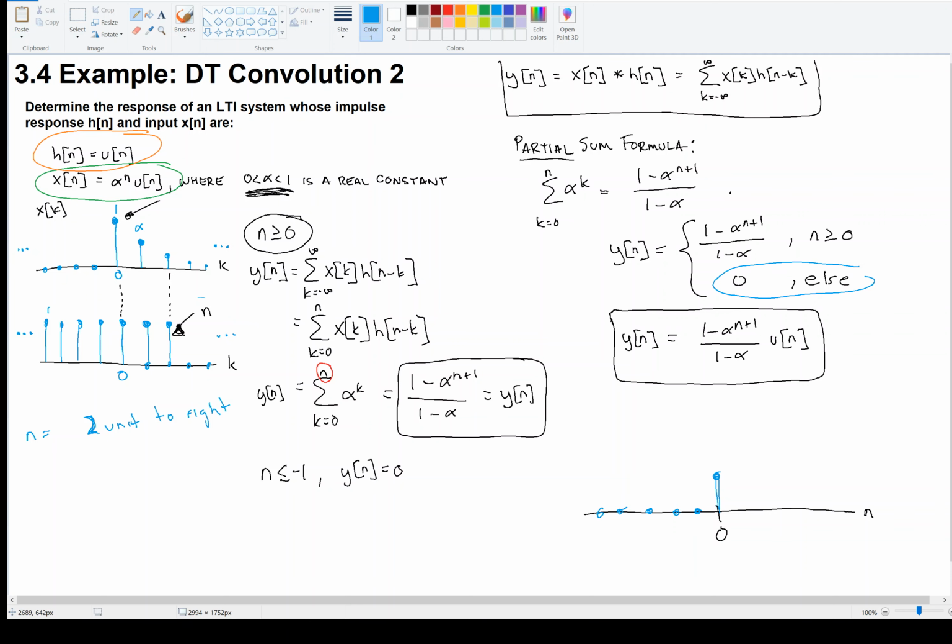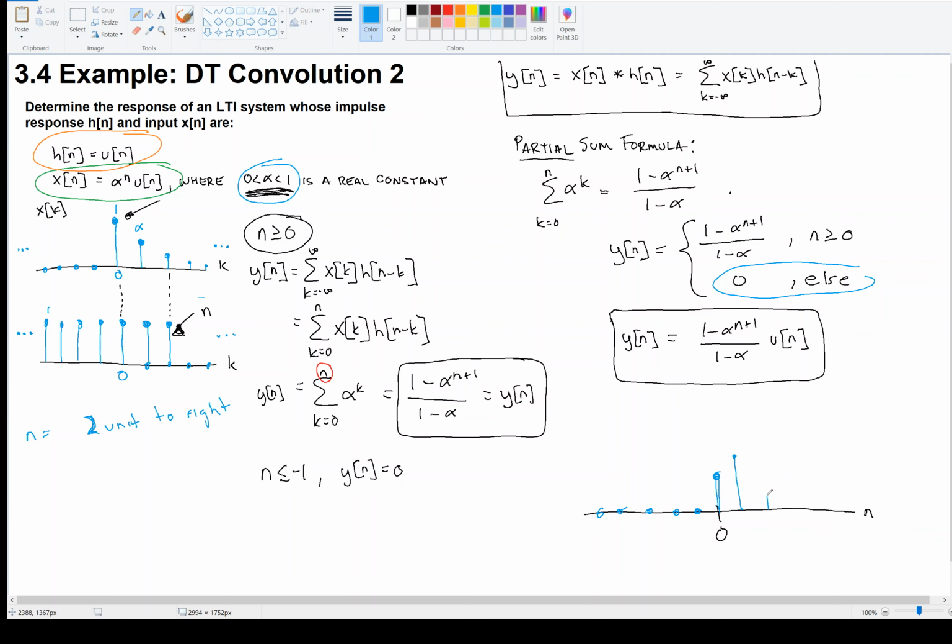Now, what happens as n goes to infinity? Alpha to the infinity goes to 0 for this reason: think of 1/2, 1/4, 1/8, so that goes to 0. So I approach 1 over 1 minus alpha asymptotically.